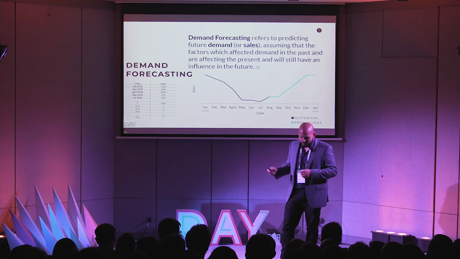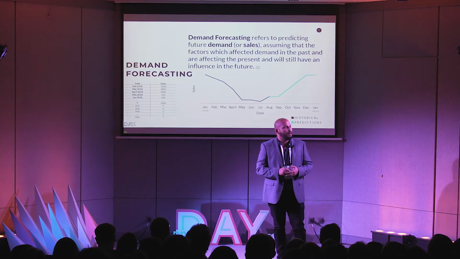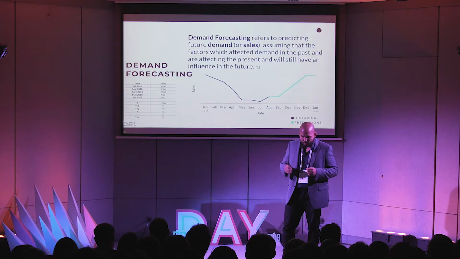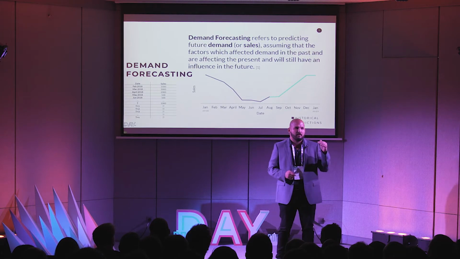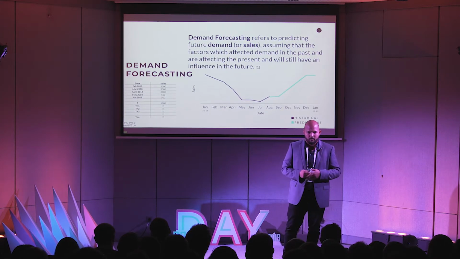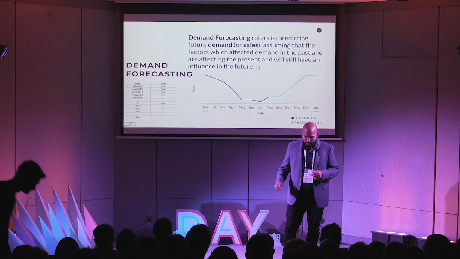The blue is the predicted one. If you want to see it as a table completion problem, you have one column with the date and the other one with the sales up to time t, and you want to complete time t plus 1, t plus 2, up to t plus n. That's like a multiple step forecast.